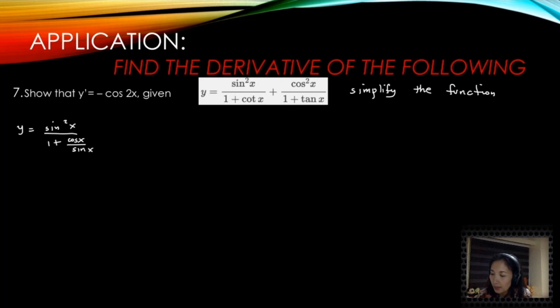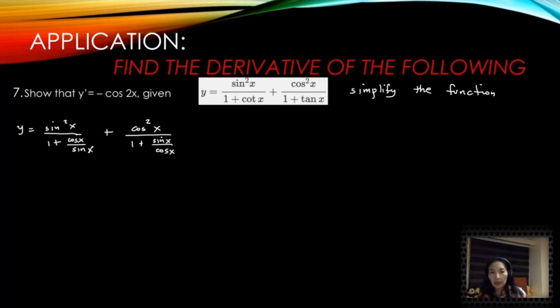Plus, we do the same with the second fraction, cosine squared x all over 1 plus tangent x, which is sine x over cosine x.